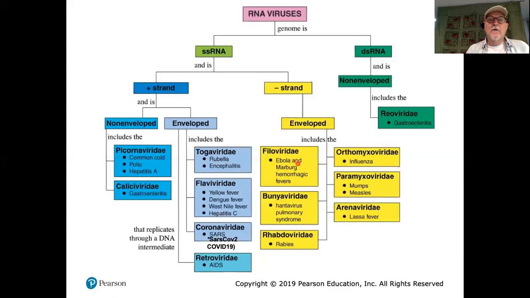This whole group, Ebola, Marburg, these are all hemorrhagic fevers, very virulent fevers, which produce this widespread hemorrhaging, particularly from mucous membranes, with a very high mortality. Ebola, Marburg, there are numerous other hemorrhagic fevers, all of them associated with this group, the filoviridae.